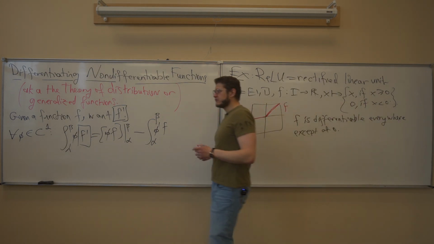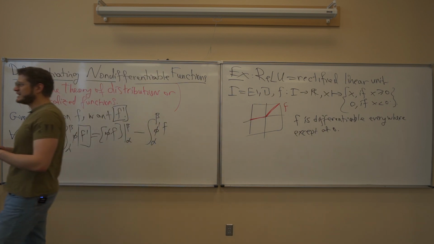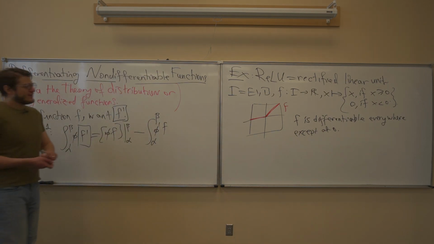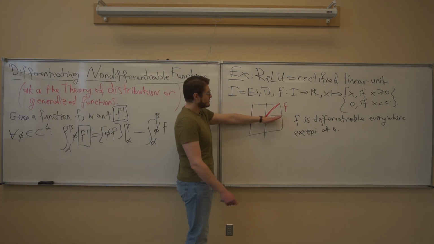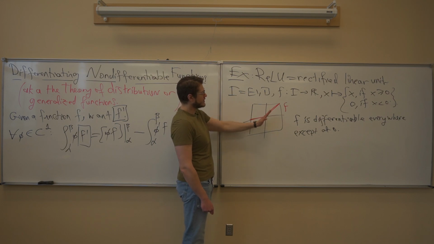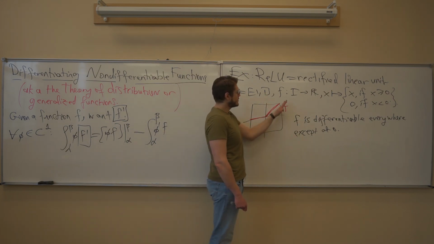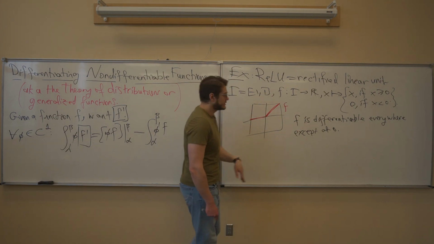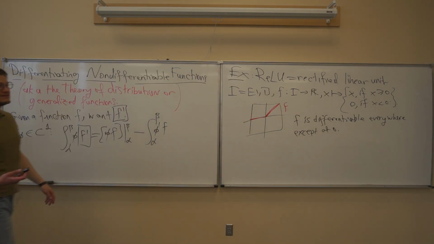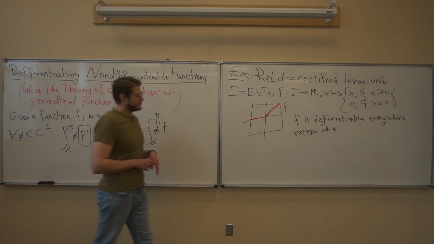Certainly it is continuous, and if I want, I can look at the tangent lines, right? If x were a negative value, the tangent line would be the horizontal line. If x were positive, the tangent line would be the diagonal. At the origin, there is no tangent line. There is no line that is tangent to f at 0, in the sense that we saw in the midterm, in the previous problem set and so on.